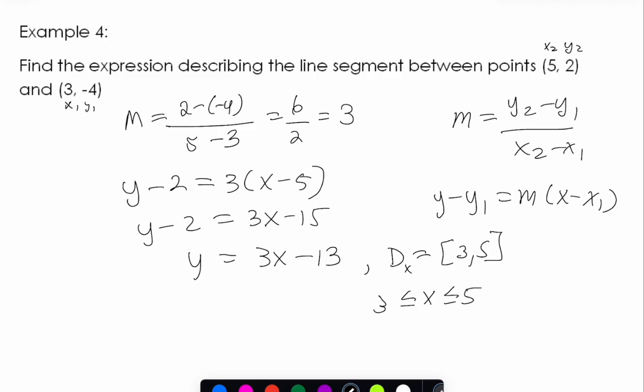It just changes a little bit how we would draw that line segment. And if you were to go into Desmos and put in the line y equals 3x minus 13, and then put in brackets that x is between 3 and 5, it would just give you that line segment, okay?